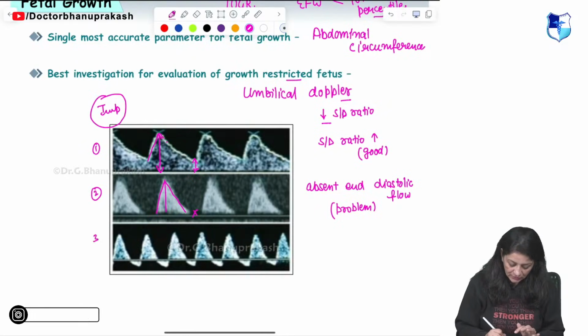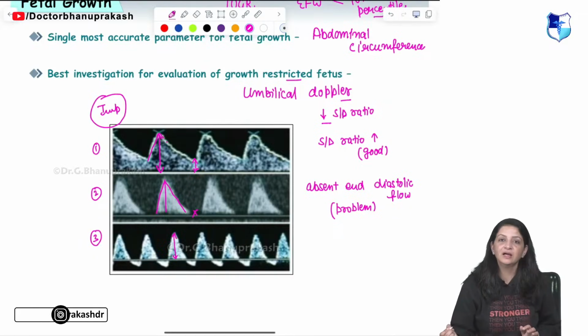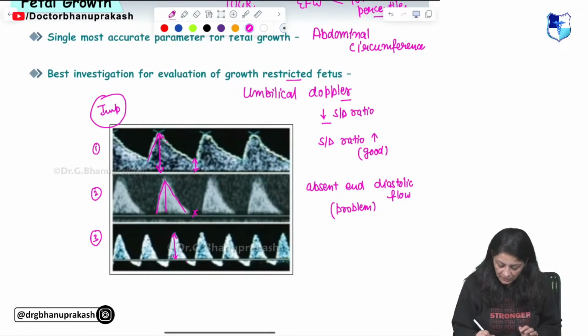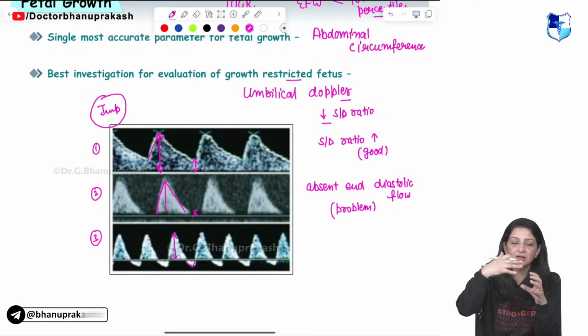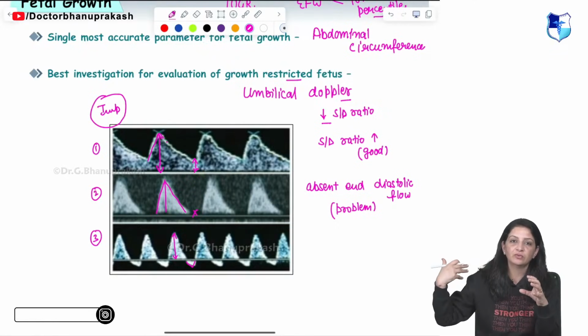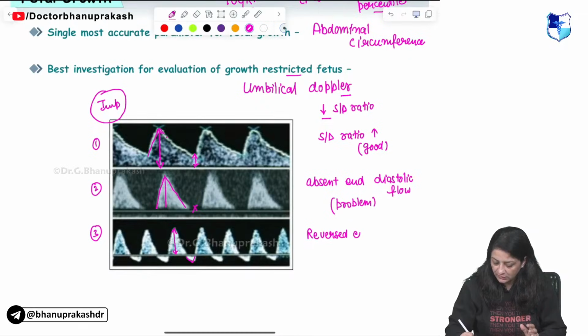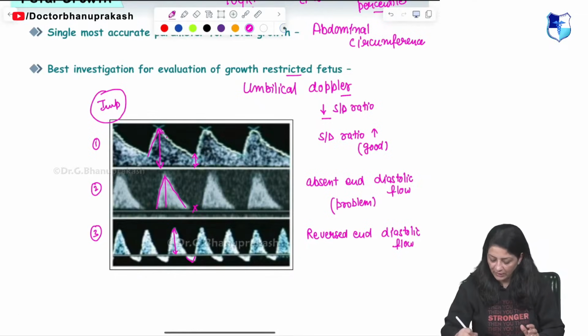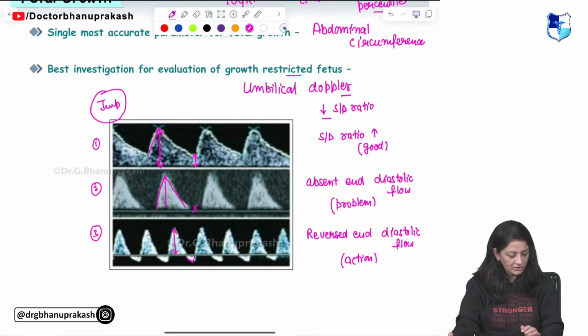Third change, you can see systolic flow in the umbilical artery, but there is a reverse flow in diastole. Forward, then reverse flow, backward flow. So this is called reversed end diastolic flow in the umbilical artery. Then we have to take action.